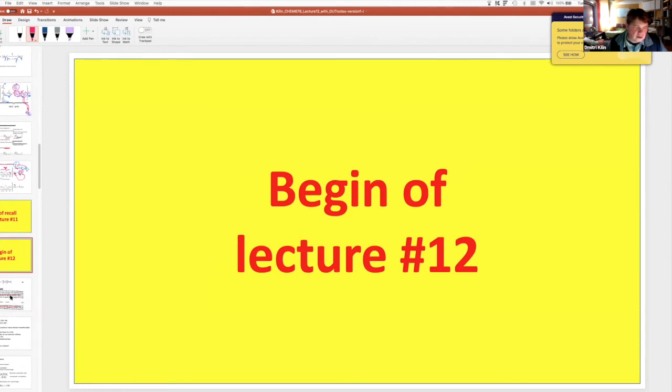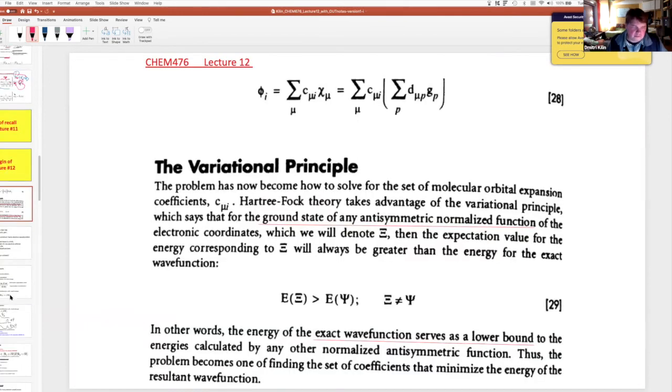So I'm going to speak for maybe 10, 20 minutes about the so-called variational principle. If any of you decide to study the Hartree-Fock method independently by finding chapters in books or browsing through Wikipedia, the first thing that you will find will be that Hartree-Fock theory is based on the variational principle.